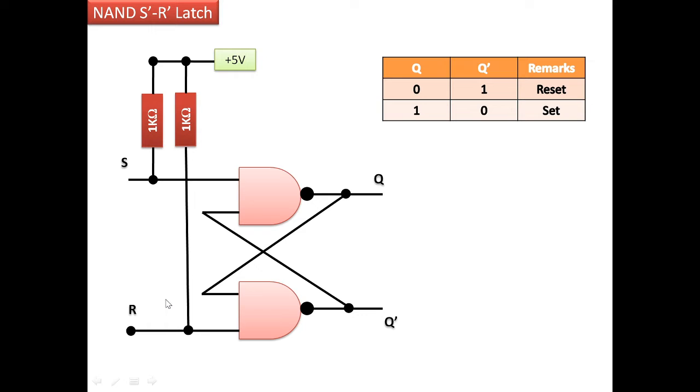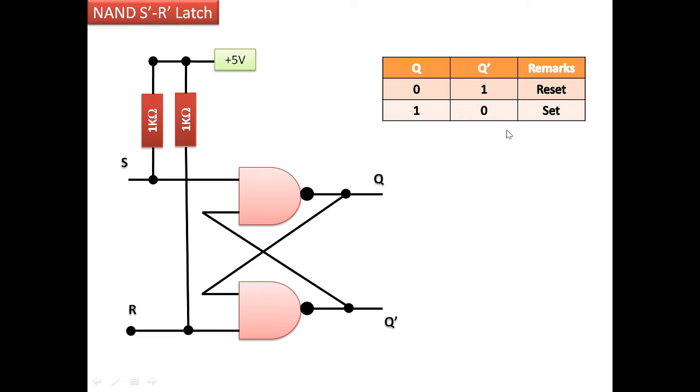Now the outputs are complementary, that is if one is Q, the other one will be Q bar. If the output is 0 at Q and 1 at Q bar, this state is called reset, and if it is the other way around, that is Q is 1 and Q bar is 0, it is the set state.